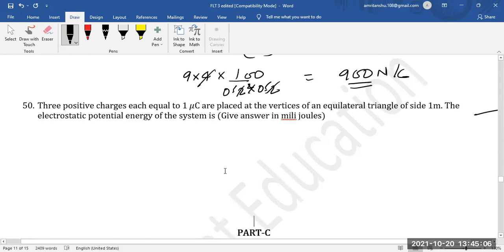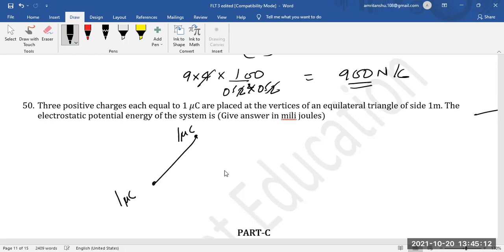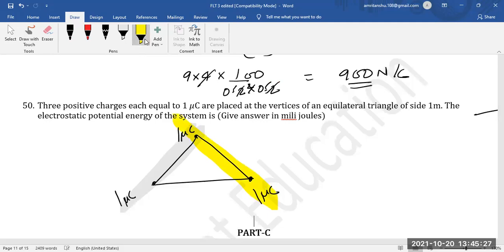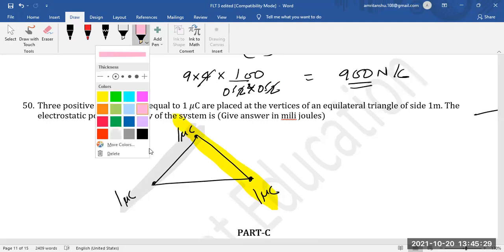So 3 positive charges, each of 1 microcoulomb, placed on the vertices of a triangle. The potential energy of the system is, so we have to see one pair is this, another pair is this, and another pair could be this.